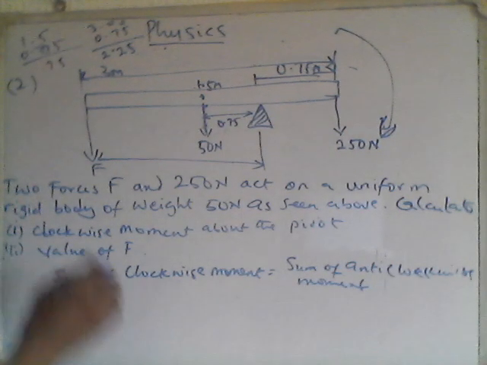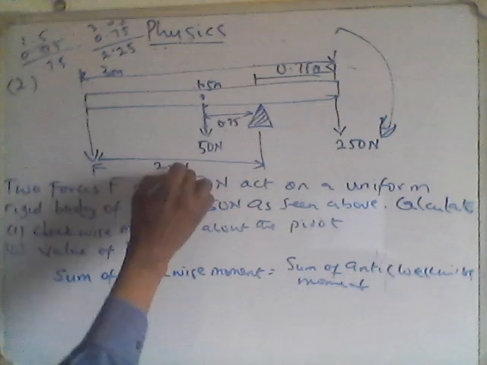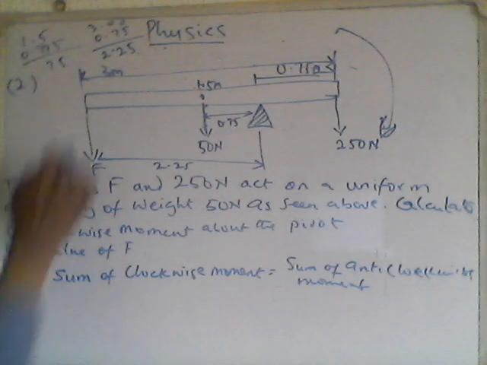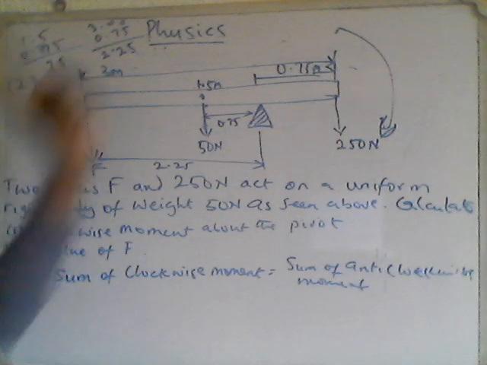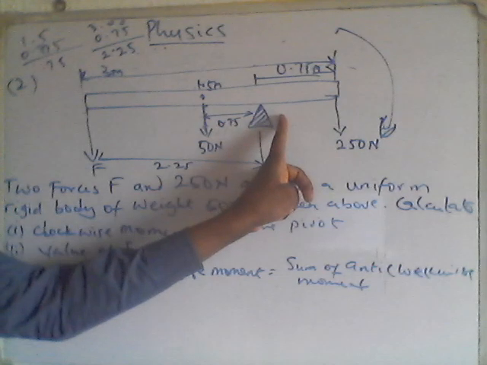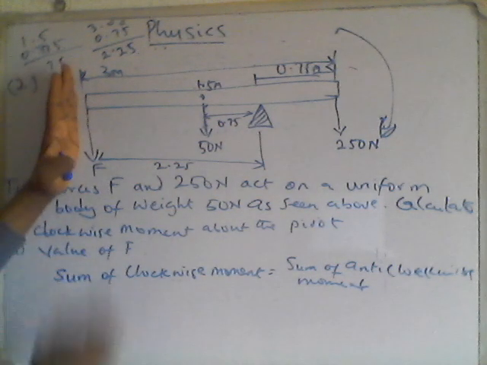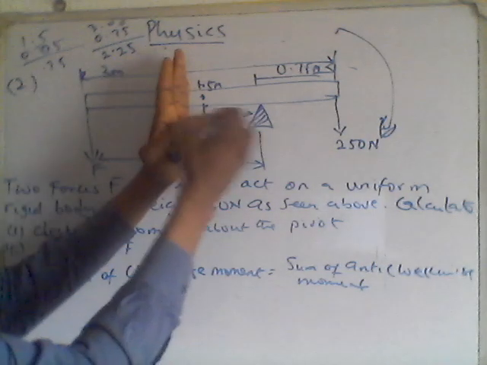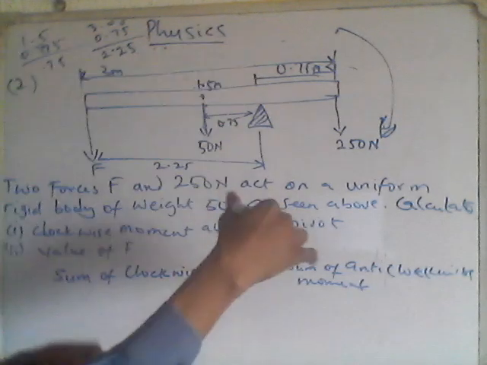So the distance between here and here is 2.25. So I've gotten the forces on the left-hand side and their corresponding perpendicular distances to the pivot. You understand? For this force, the perpendicular distance is 2.25. For this force, the perpendicular distance is 0.75. So I can get the total anti-clockwise moment.